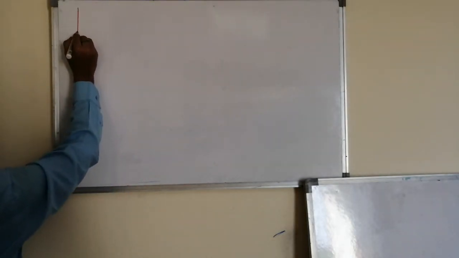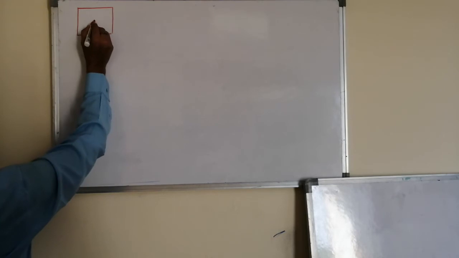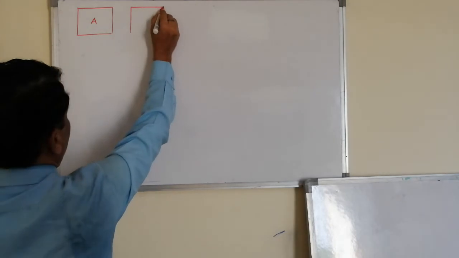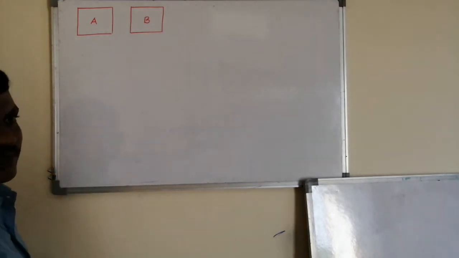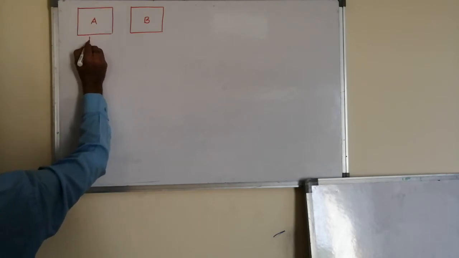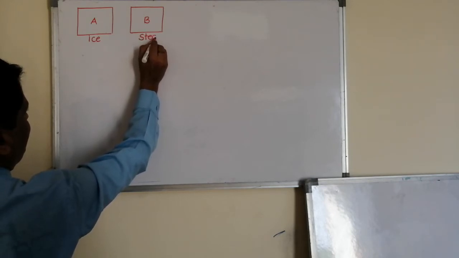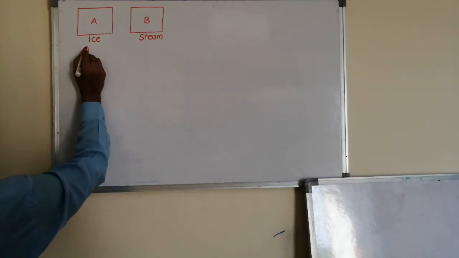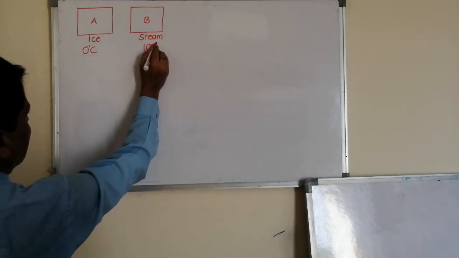Consider we have the first body, say A, and the second body B. Say the first body is ice, and the second is steam. Say ice is at 0 degrees Celsius, steam is at 100 degrees Celsius.